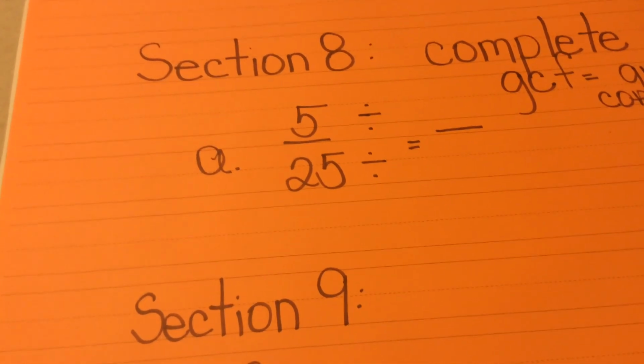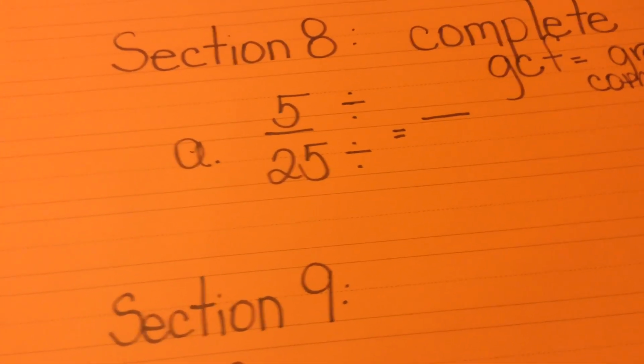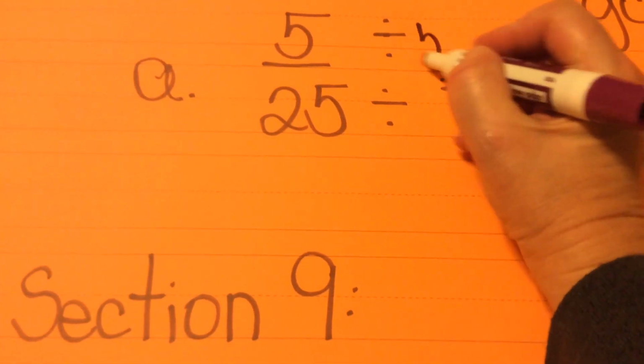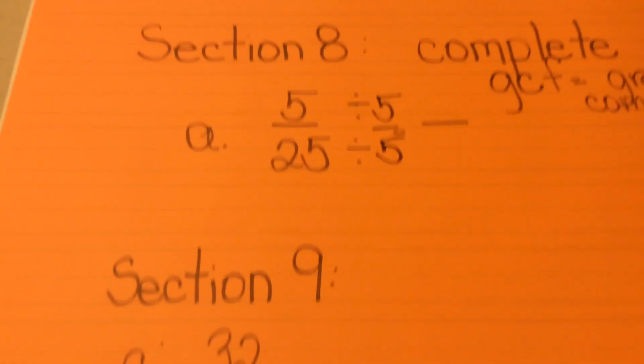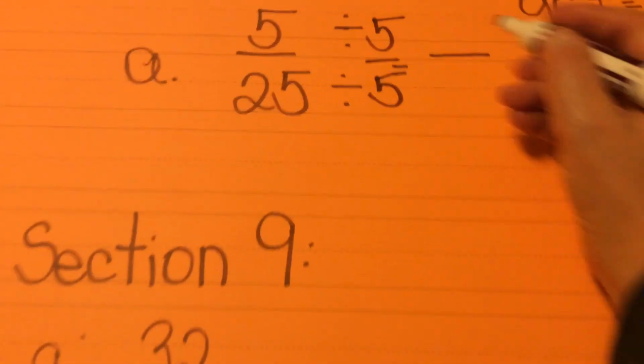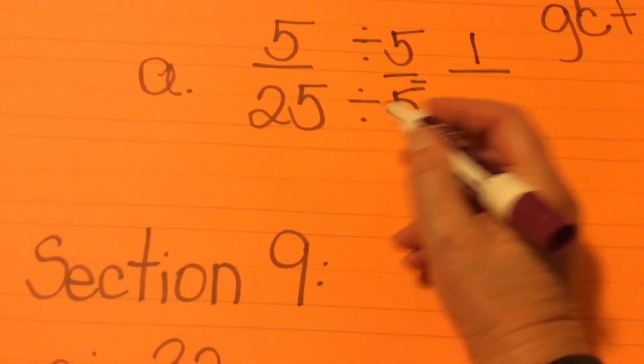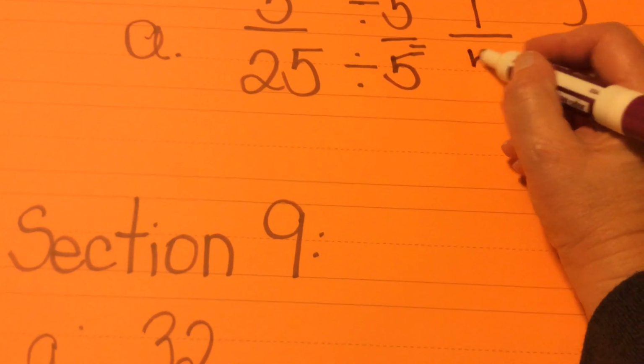5/25, the greatest common factor should be what? 5. Very good. And this is exactly how I want to see it done. 5 divided by 5 is 1, and 25 divided by 5 is 5.